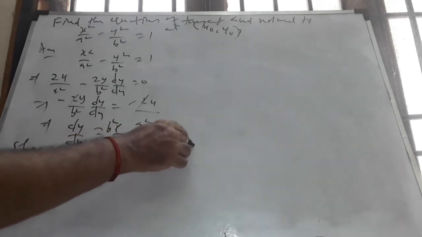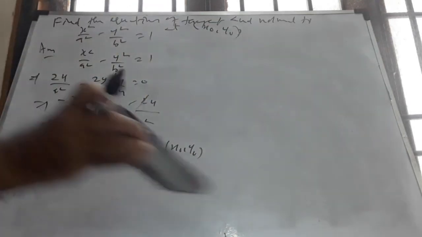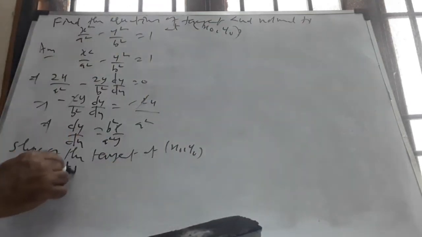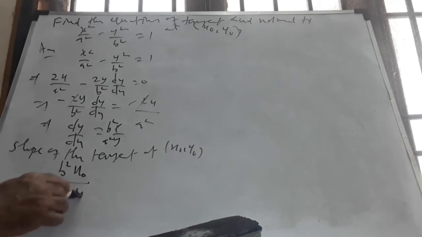at (x naught, y naught) will be, what do I get? I will substitute x as x naught, y as y naught: b square x naught divided by a square y naught.